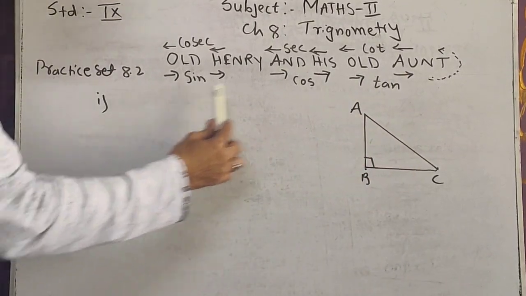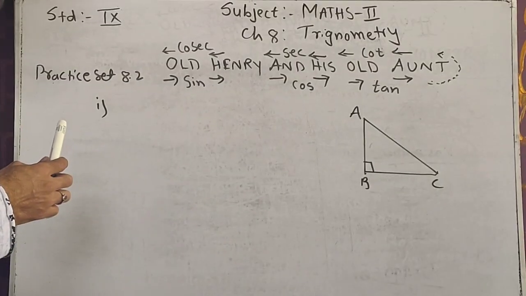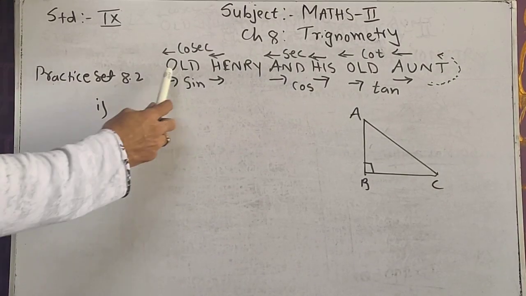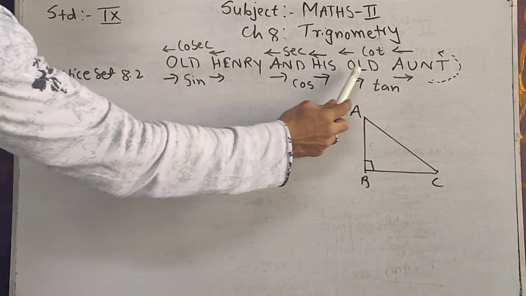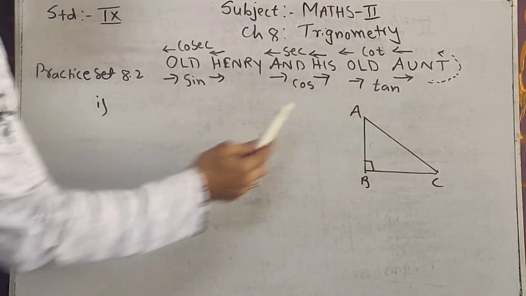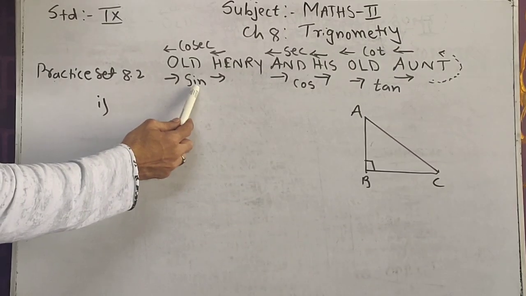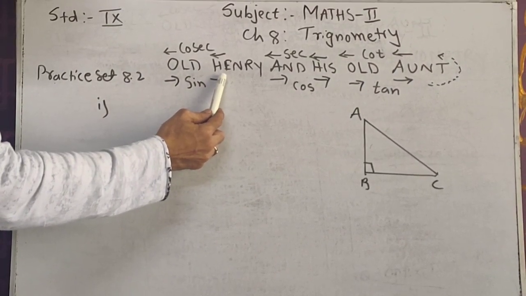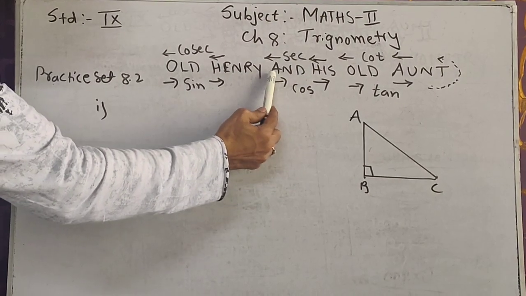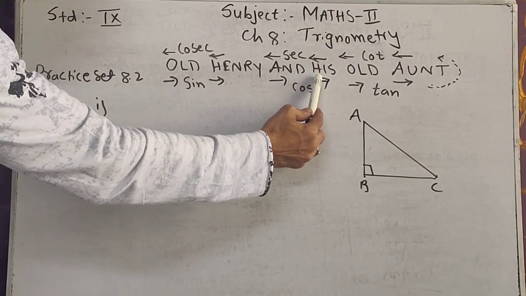This is the statement with the help of which you get 12 formulae: old Henry and his old aunt. Sine formula is opposite side upon hypotenuse. Cos formula is adjacent side upon hypotenuse.